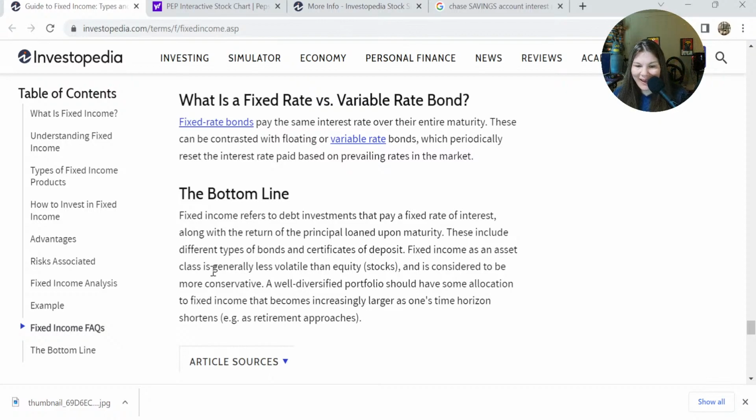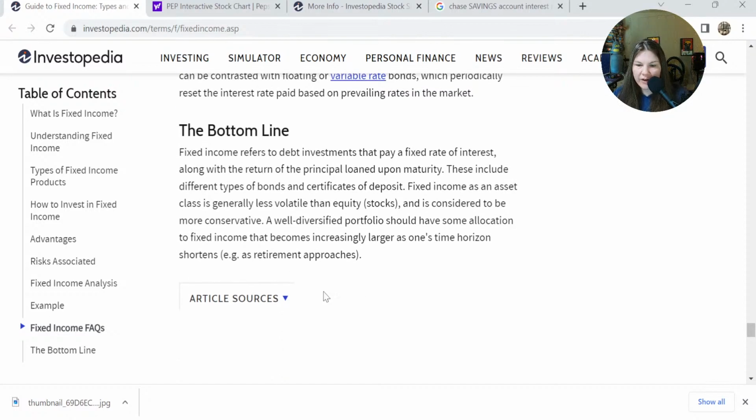Fixed income as an asset class is generally less volatile than equity, which is stocks, and is considered to be more conservative. A well-diversified portfolio should have some allocation to fixed income that becomes increasingly larger as one's time horizon shortens. So as you get older and your retirement approaches, you don't want things that are iffy and willy-nilly.